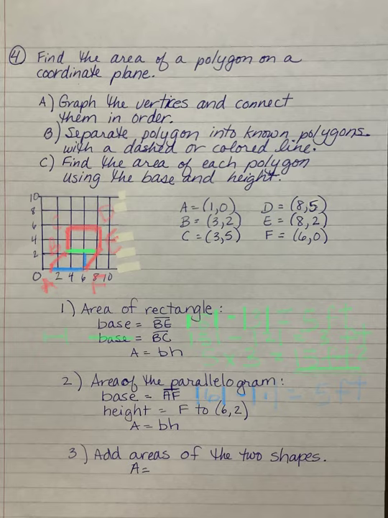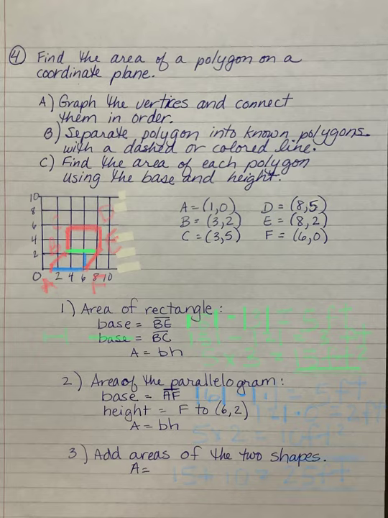So for F, I'm going to take the absolute value of 2 minus 0, which is 2 feet. And my area is base times height, so I take 5 times 2, which is 10 square feet. Now to find the area of the whole shape, I'm going to add those together. So I have 15 plus 10 gives me 25 square feet, and that's my area for that polygon.